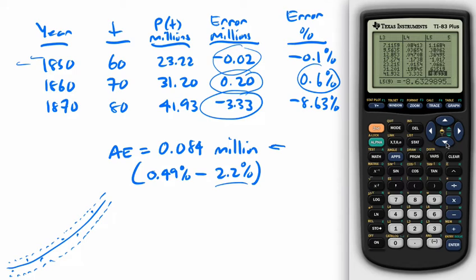So the model is significantly over-predicting in 1870. The magnitude 3.33 is way higher than the average error, and the magnitude 8.63% off is way higher than the relative error. So the model has fallen apart for our purposes. We did not get a reasonable prediction in 1870.